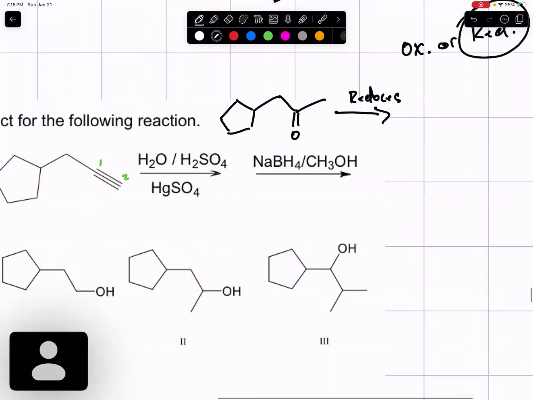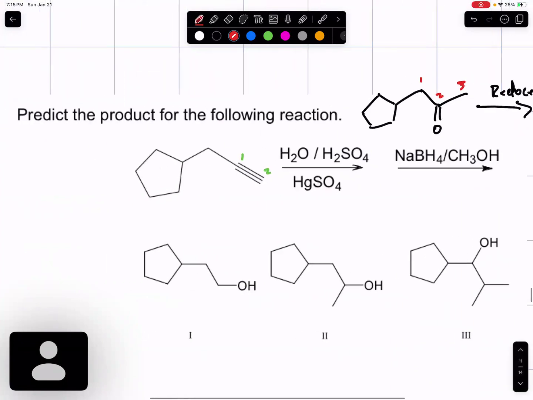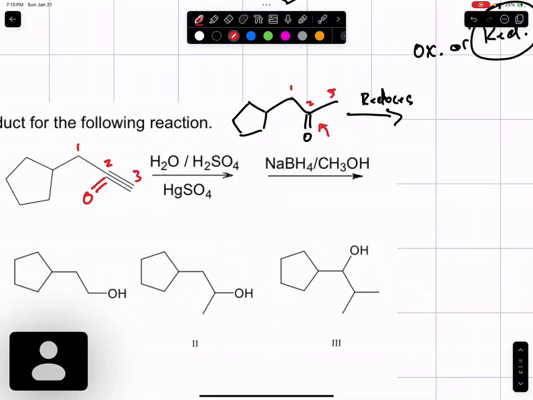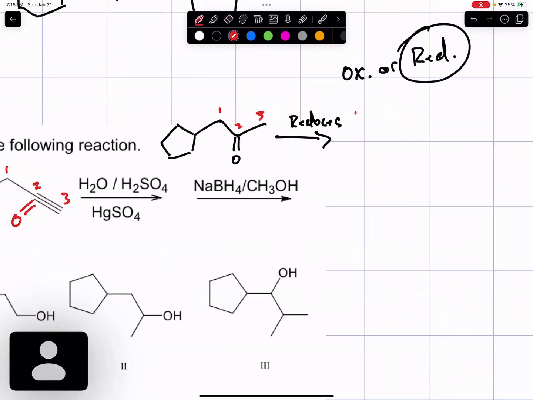All right, let's look at the position where it's reducing. If you count the carbons, 1, 2, 3, just like in our original structure, let me just change the numbering. 1, 2, 3. We made a carbonyl here. We agreed on that. And then we're going to reduce it to an alcohol at that same position.